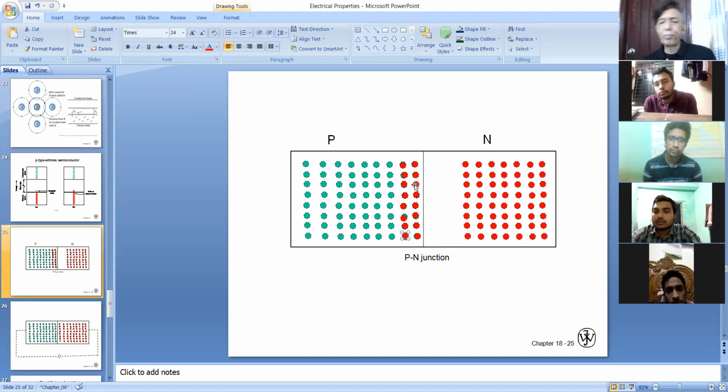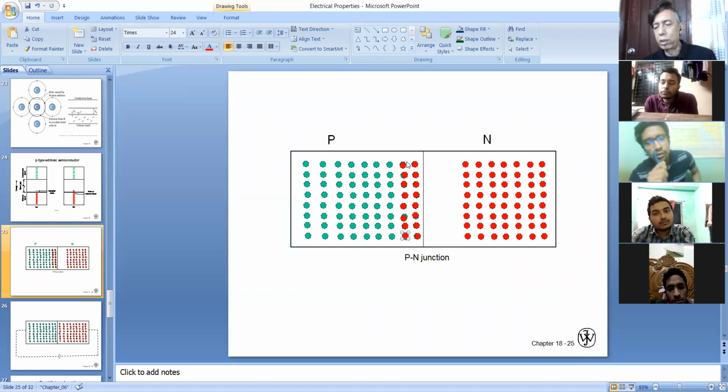But now this is a neutral molecule. Here also we shall find the neutral molecule, because there is an extra electron here. The electron goes from this side to this side.